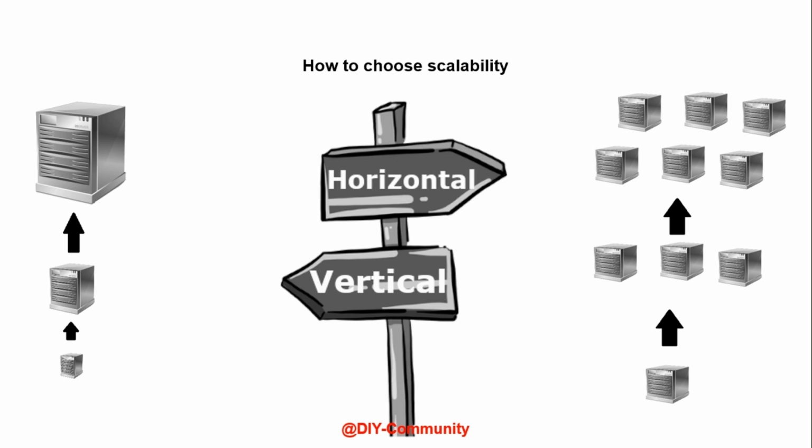For example, if you have a tight budget and you need to add more resources to your infrastructure quickly and cheaply, then vertical scaling may be the best option for you. For example, if your network traffic increased, add more memory or a higher CPU, and you are done.